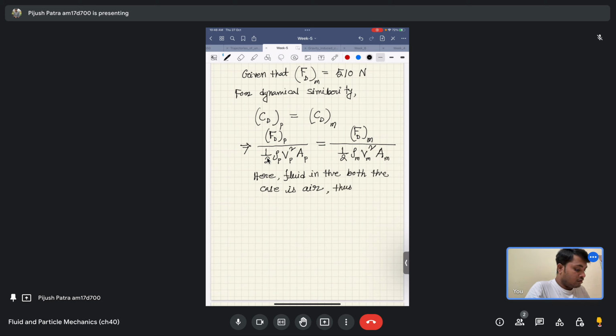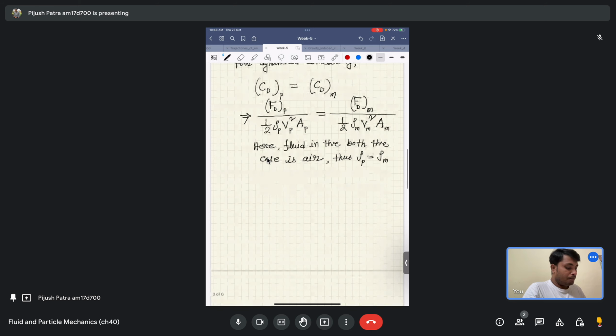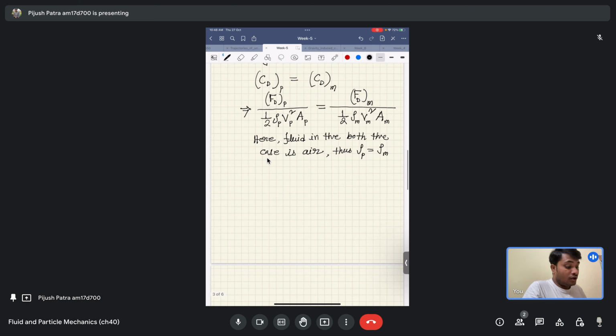Thus rho p is equal to rho air. So what is the FD of m then? Sorry, I have to calculate the FD of p.